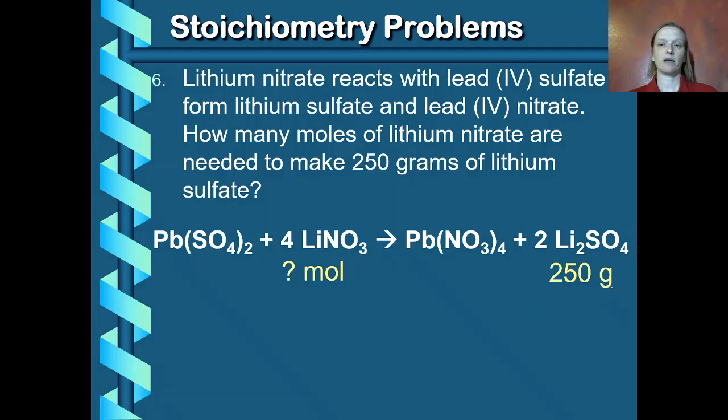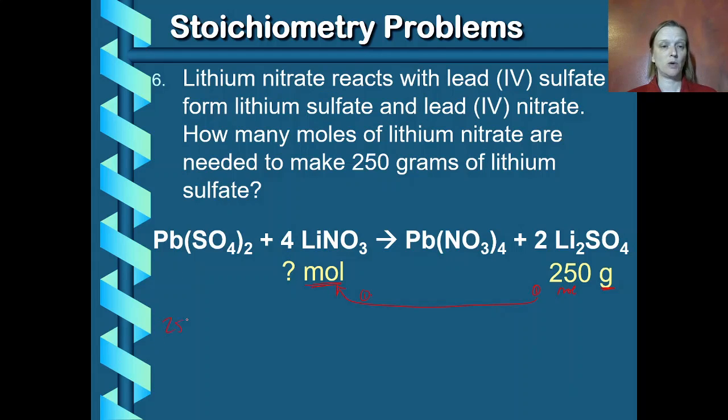And because I'm calculating going from grams to moles, going from grams to moles of one substance takes 1 step. Going from moles to moles of another substance takes 1 step. But I want my final answer in moles. So this is only going to be a 2-step equation.